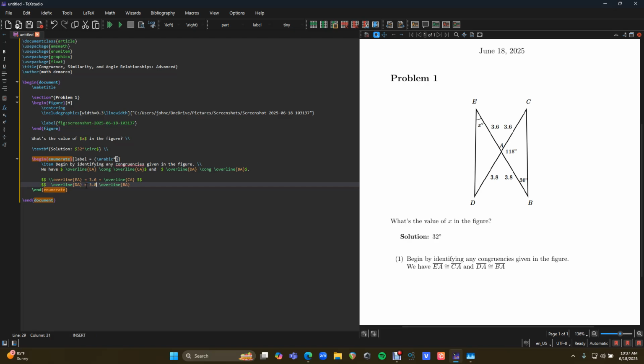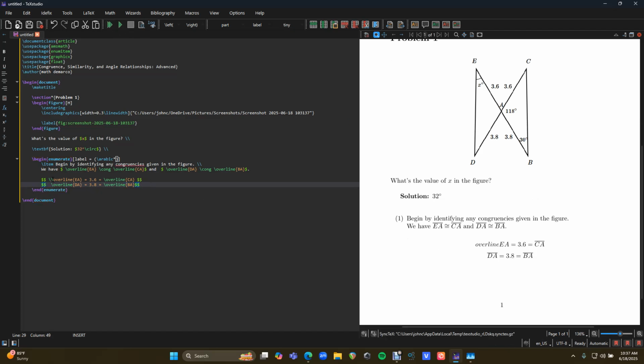Equals 3.8 equals, we'll close it off. Just really highlight what we have here. Oh, something's doubled up there. That's my mistake. Okay, yeah, so this just shows that the segments are equal to 3.6 and 3.8 accordingly. So we have two direct congruencies given to us right away.